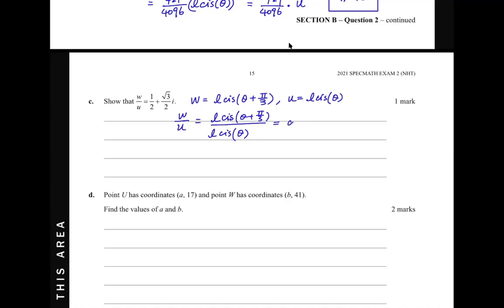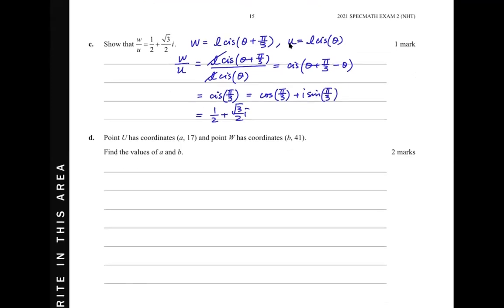This will be cis(θ + π/3) because the moduli cancel each other. Take away θ, so this will be cis π/3. And this will give you half plus root 3 on 2 i. Okay? So much for 1 mark, or maybe 1 extra step: cosine π/3 plus i times sine π/3. That should be sufficient.